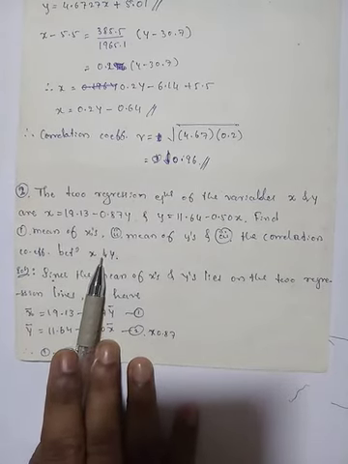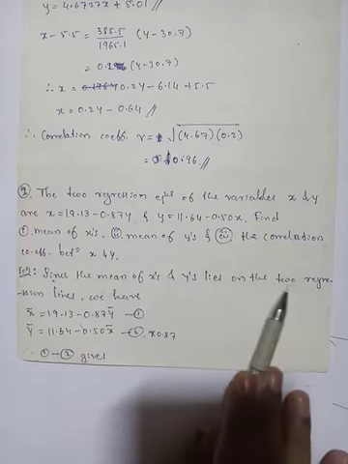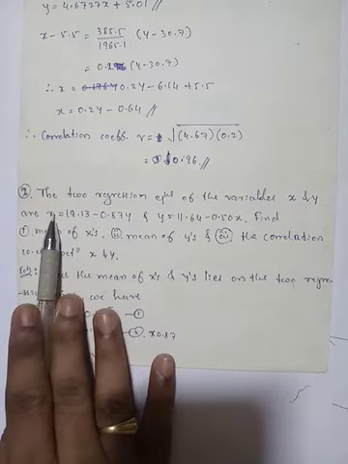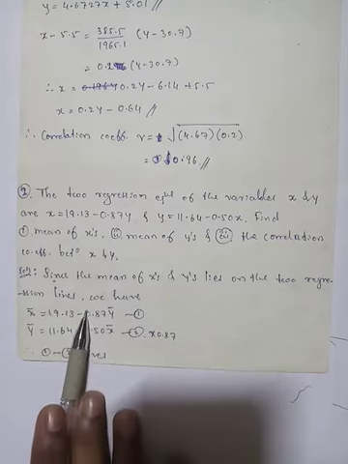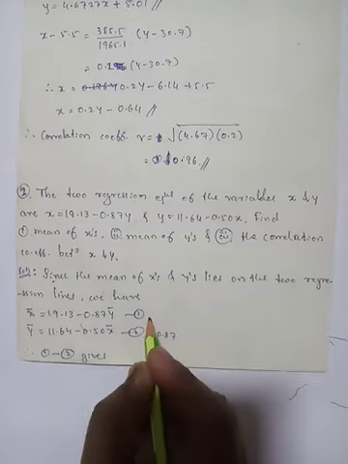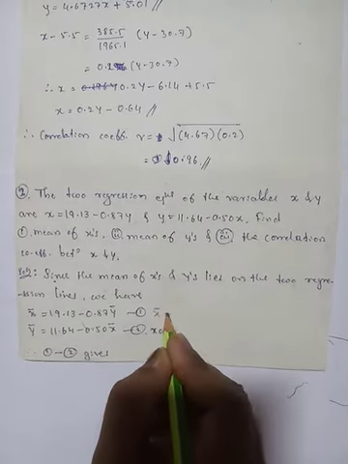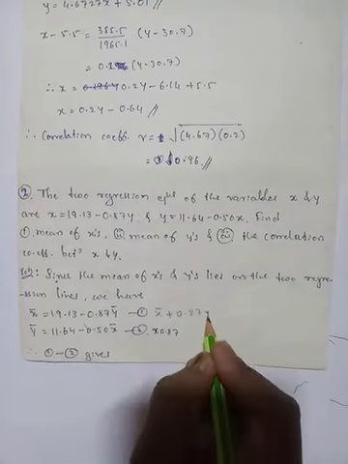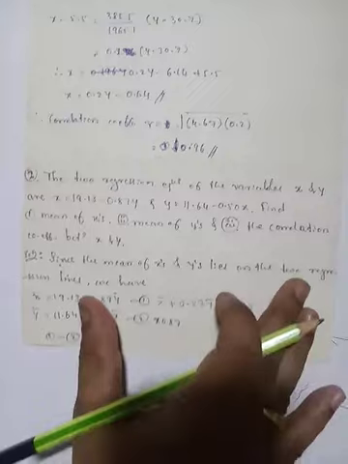X bar and y bar, how do we find them? Since the means of x and y lie on the two regression lines, in these regression lines we take x as x bar and y as y bar. Okay, then we solve these as simultaneous equations. So we write this in the standard form as x bar plus 0.87 y bar, taken to this side, equals 19.13.